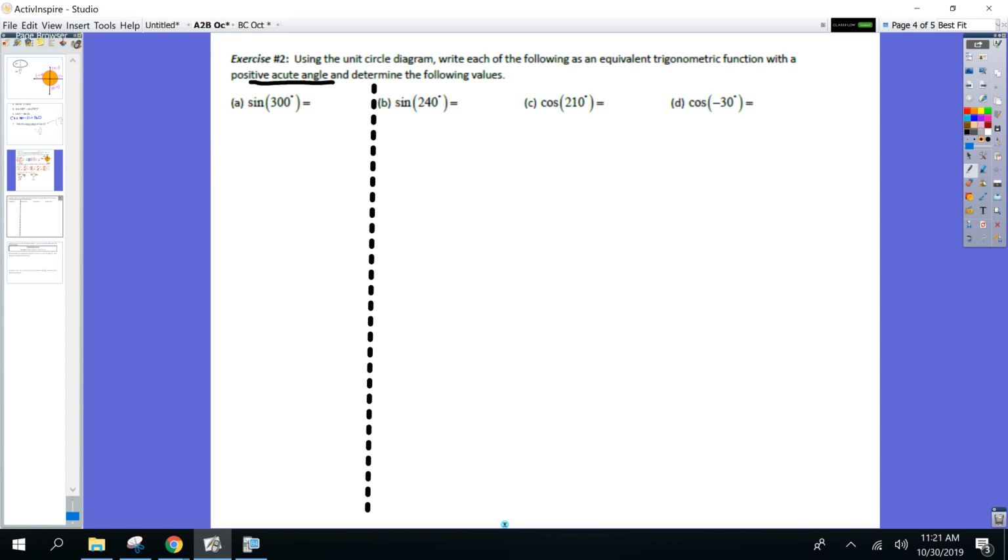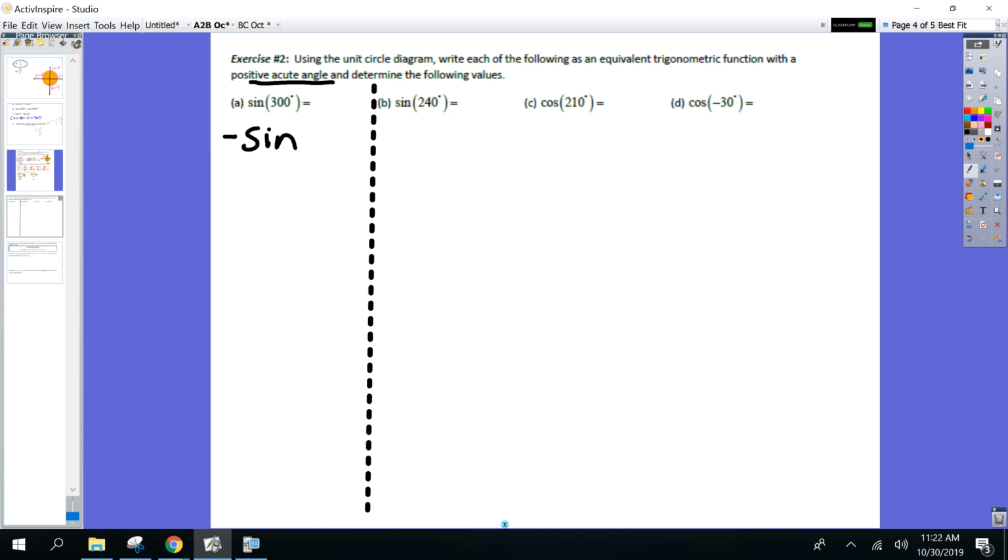All right, first thing, 300 degrees. What quadrant am I in? Fourth quadrant, and I am dealing with sine. What do you know about sine in the fourth quadrant? ASTC. Negative. So I'm going to rewrite this by saying negative sine. Now I've got to make 300 smaller.